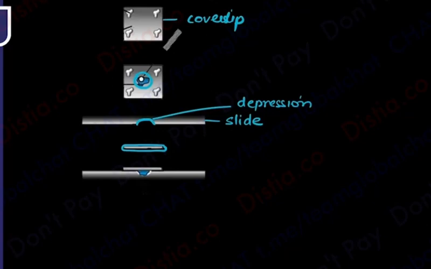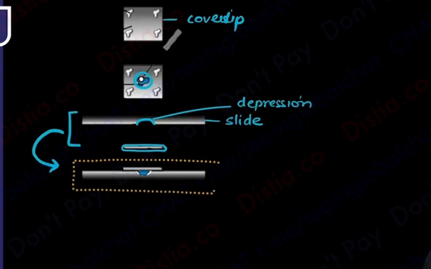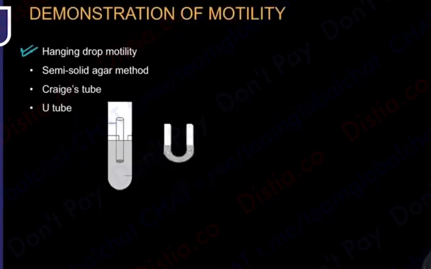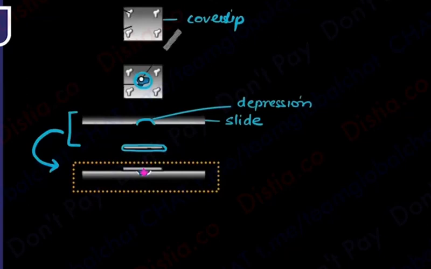So once I have inverted it, all of you can see, I have made this combination and I have inverted it over here. Will you see something hanging from this cover slip? That is why it's called the hanging drop motility. You don't have to know the procedure, but you need to know that you have a slide with a depression and something is hanging into it. That is hanging drop motility.